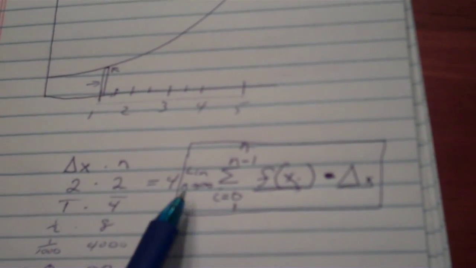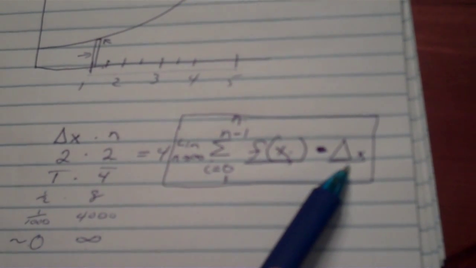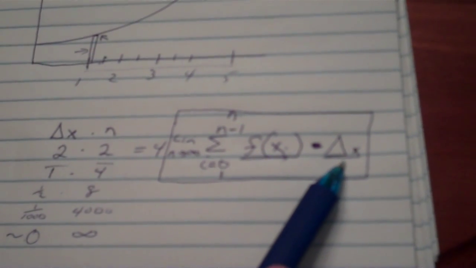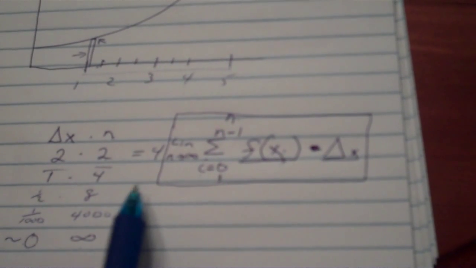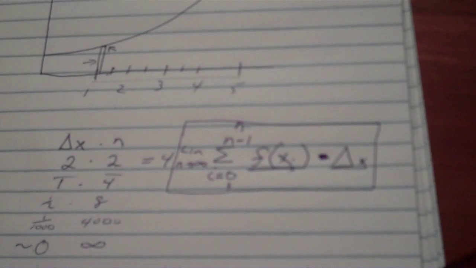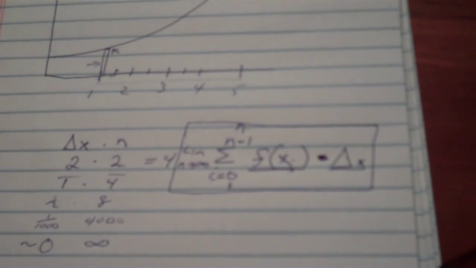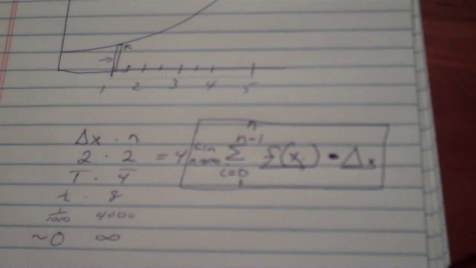But the thing I want you to see is you want the number of rectangles to literally go to infinity so that the width, or the change in x, literally goes to 0. And when you do that and calculate that, and we'll show you how to take a definite integral later, which does this method, you will have the exact answer for the area under the curve.